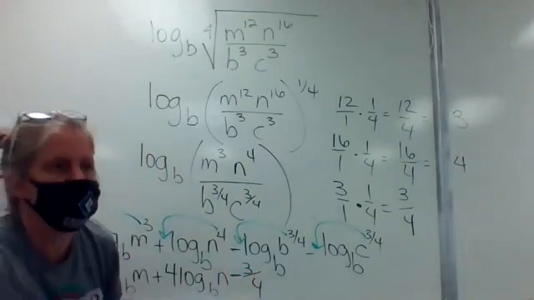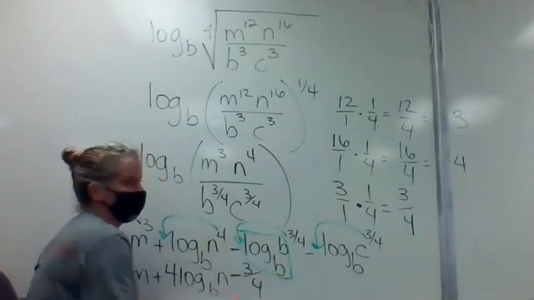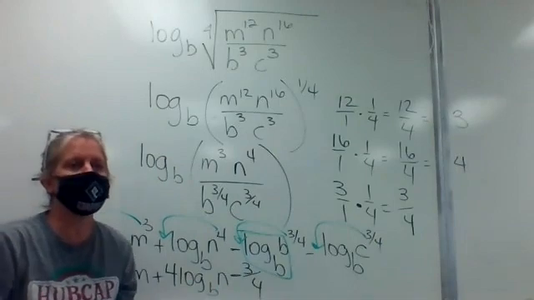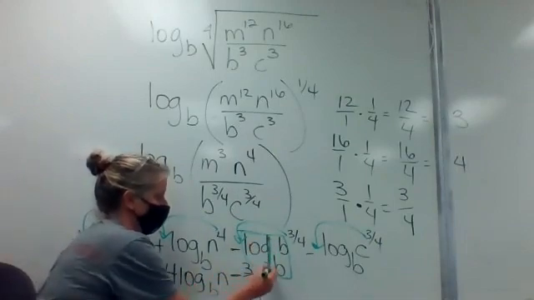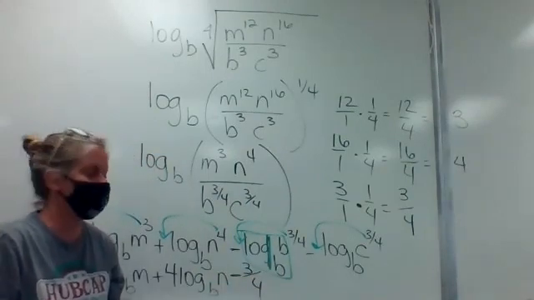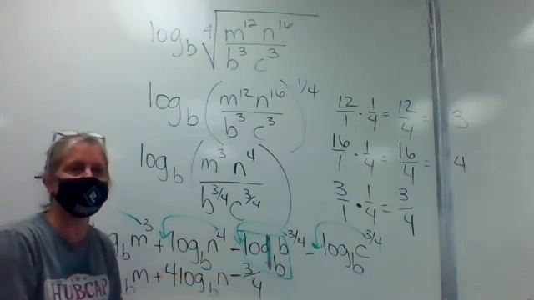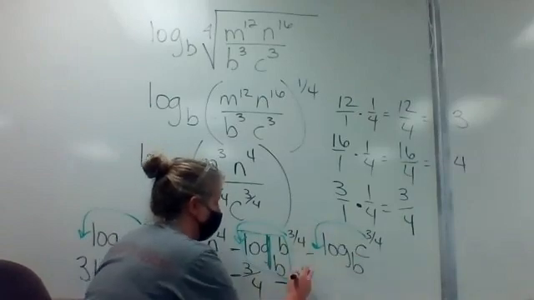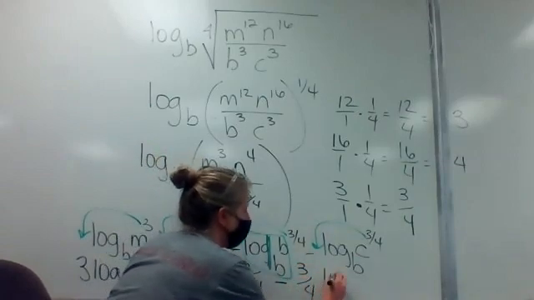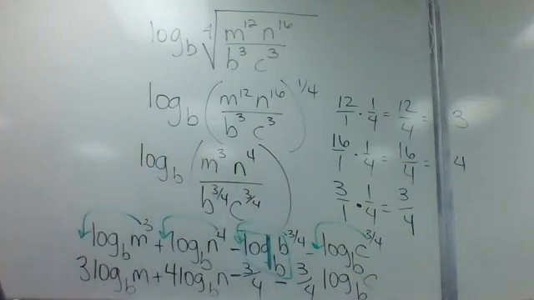But what is this? I told you it had everything. Log base b of b is equal to 1. So I really just have 3/4 times 1 there, so I just have the 3/4, minus 3/4 log base b of c. All right, that is the most complicated one.